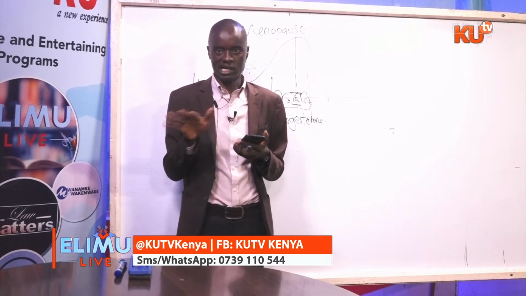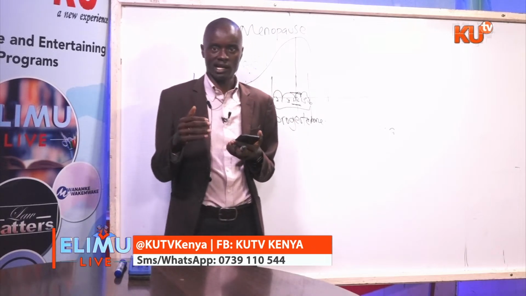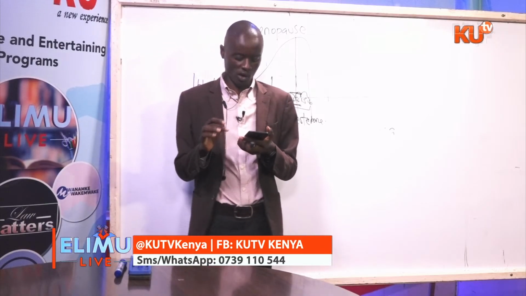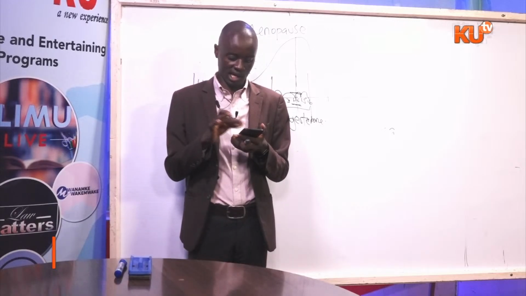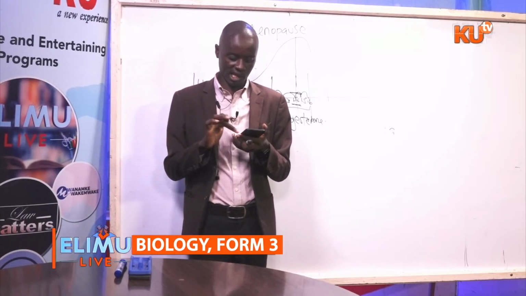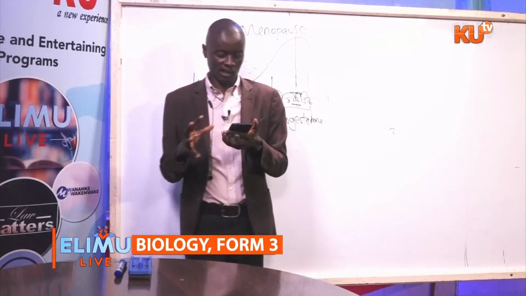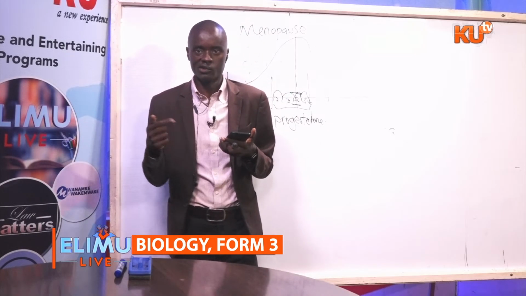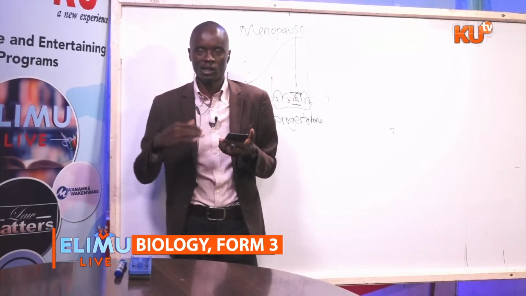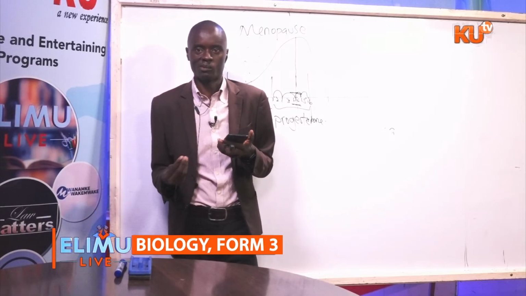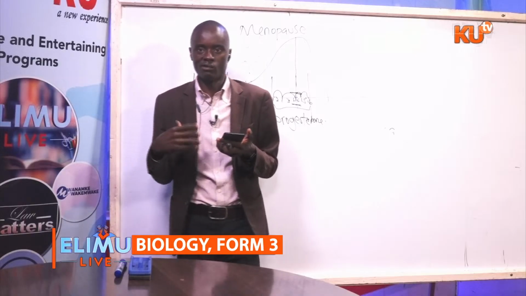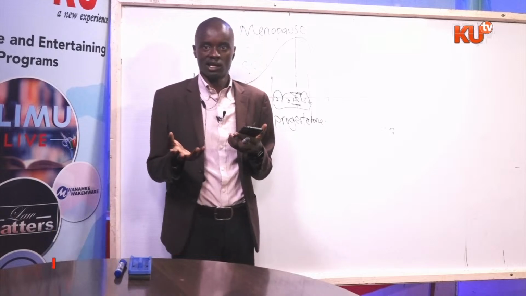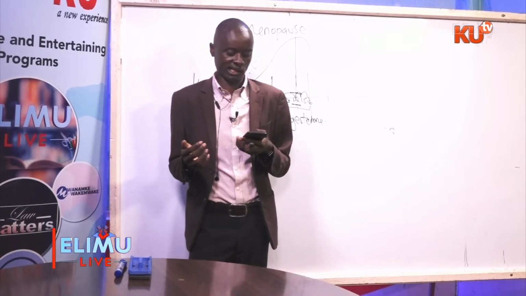And in most cases, this stage comes at the age of 40 to 50. So that is when the menopause begins to come in, and therefore the menstruation stops. So when it stops, it means that ovulation has also stopped and the chances of conception are now reduced.